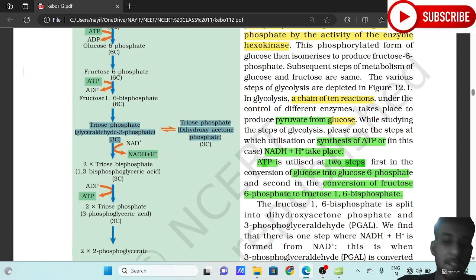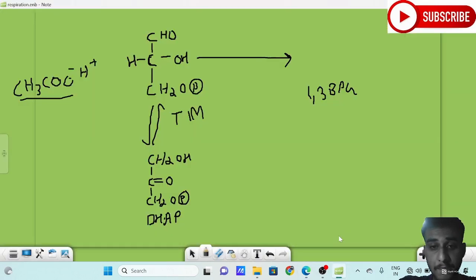Next step is the formation of 1,3-BPG. So what is 1,3-BPG? 1,3-bisphosphoglyceric acid or glycerate. I just mentioned why it is called glycerate: because in physiological pH they exist as ions.